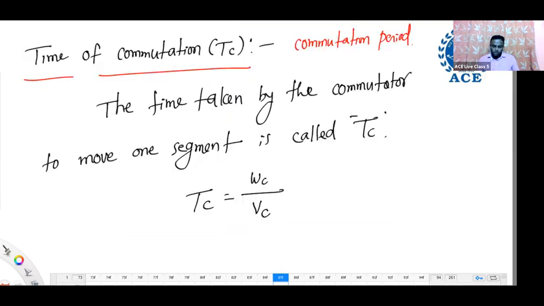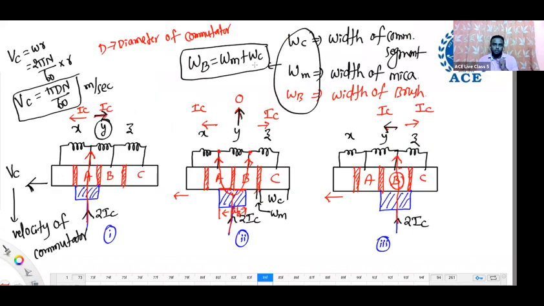Now time of commutation is the width of one commutator segment divided by velocity of commutator. So approximately we can take width of the brush by velocity of commutator. Why? Width of brush is width of mica insulation plus commutator segment width. Then commutator segment width is width of the brush minus mica insulation.